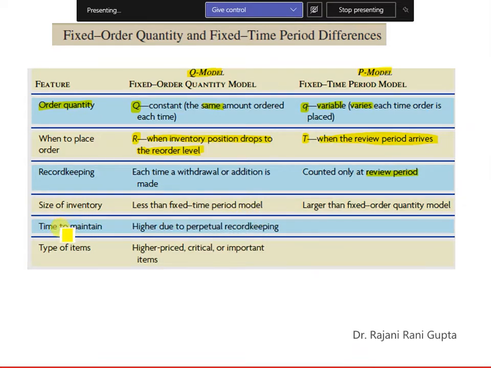Now the maintenance time for a Q model is high, and the type of items will be high price, critical or important items. So these are some of the differences between the fixed order quantity and fixed time period models.